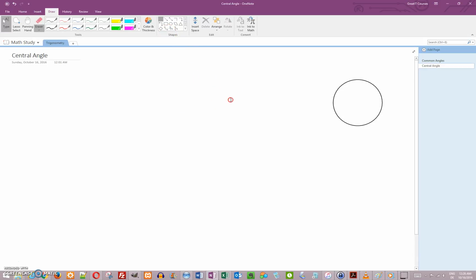Oh, this pen is sometimes not very cooperative. No, still not working. There is a bit of a problem with this thing. Okay, now it's working for now.